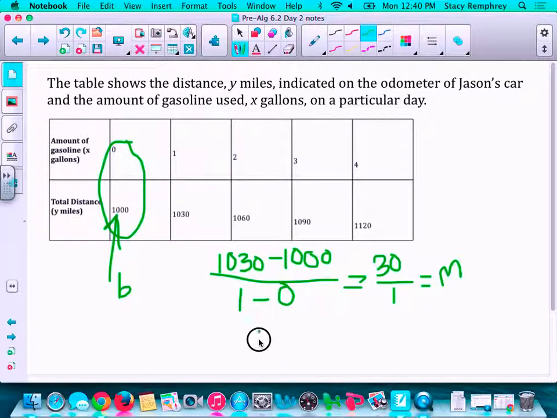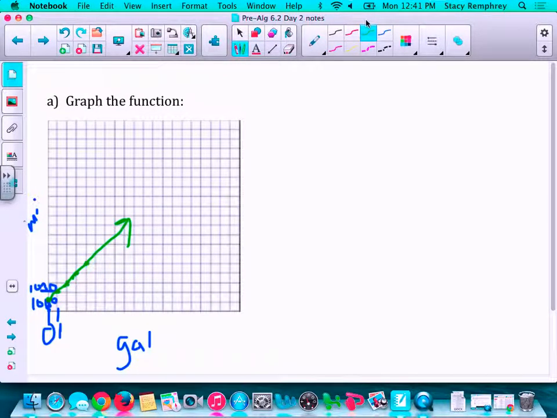So I have y equals mx plus b. My m was 30. And my b was 1,000. You also could have found this equation by looking here. Your y-intercept is here at 1,000.